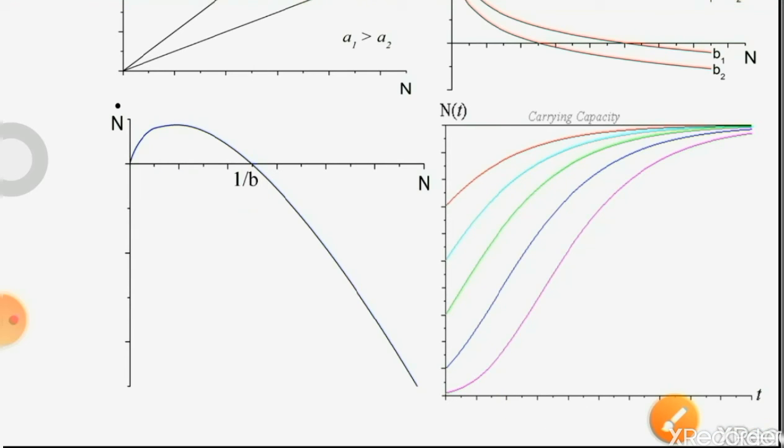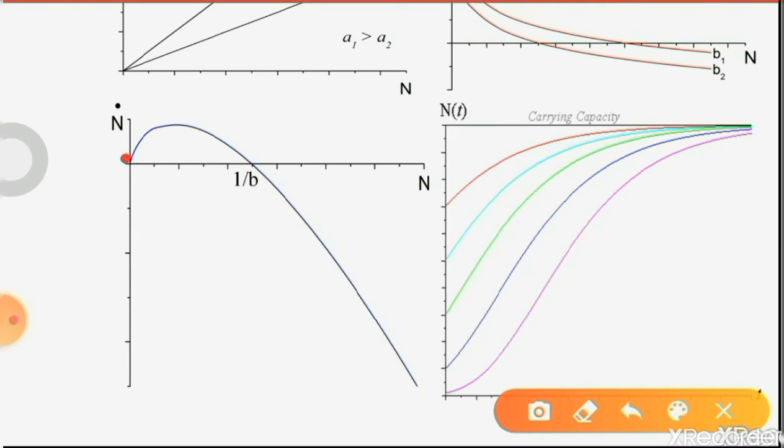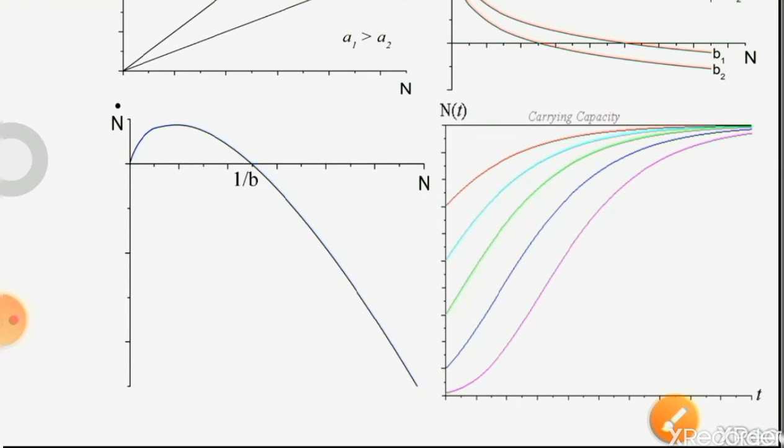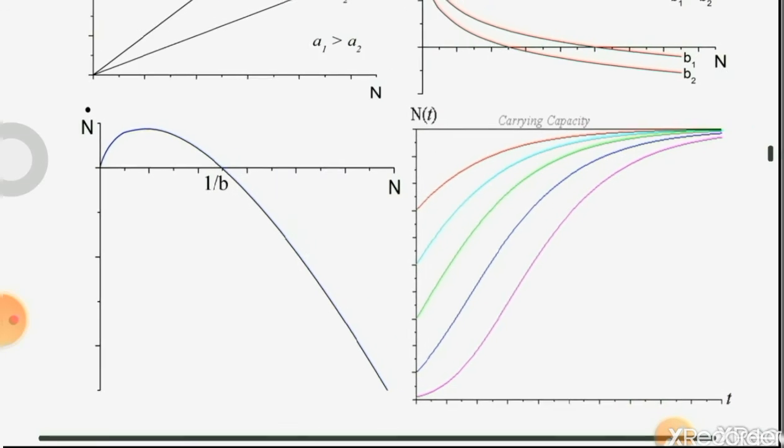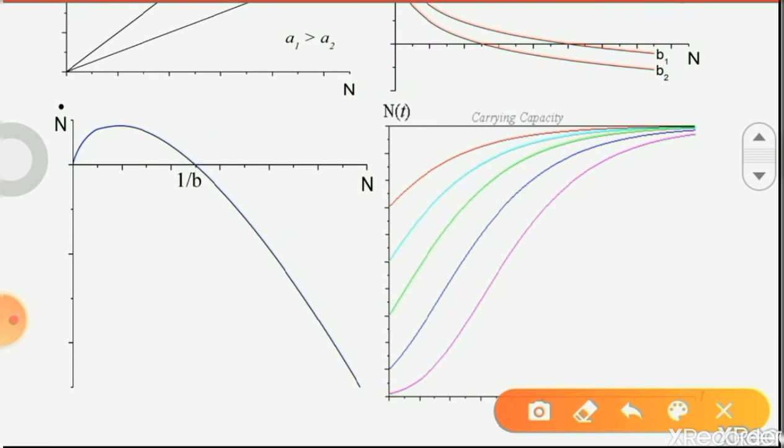So, wherever we start in between these two points, the number of cells will eventually become 1/b. That is why 1/b is called the carrying capacity, which is the maximum number of cells that can grow with the available nutrients. In this way, we can explain the phase portrait, that is this graph, for different initial conditions for the growth of tumor cells.